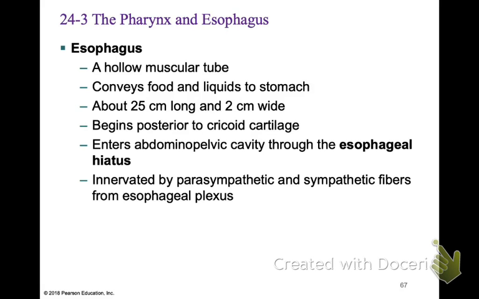And in some cases, if the stomach pushes up through that hiatus into the thoracic cavity, that's called a hiatal hernia. It's not the kind of hernia you usually think about, but it can occur, and it can obviously impact your ability to have food move through the tract. So again, we're going to have parasympathetic and sympathetic fibers, but we also have local control of that smooth muscle through peristalsis.